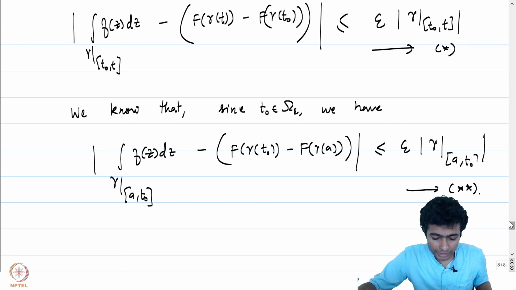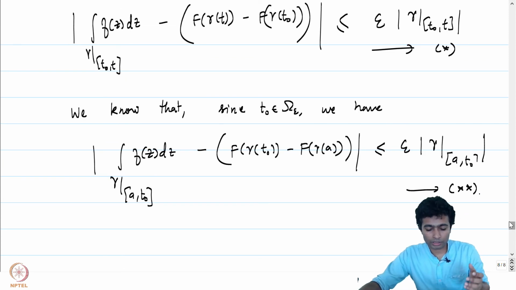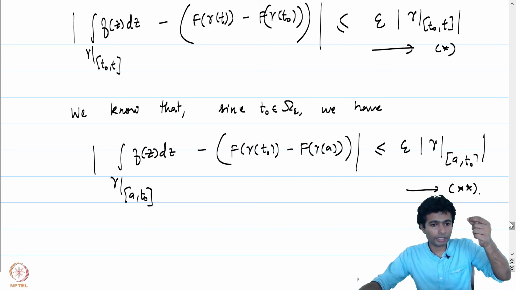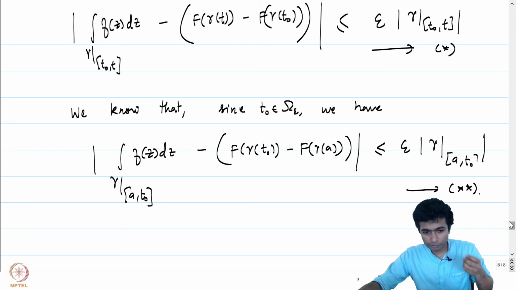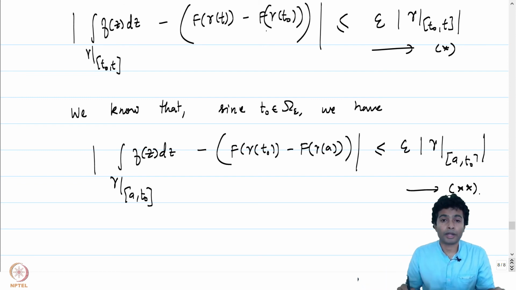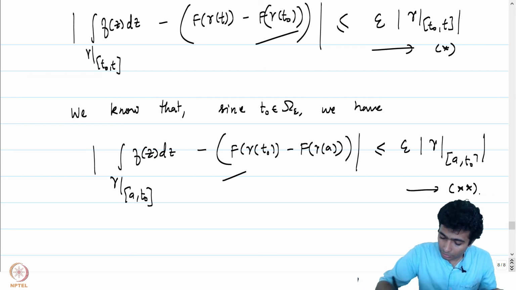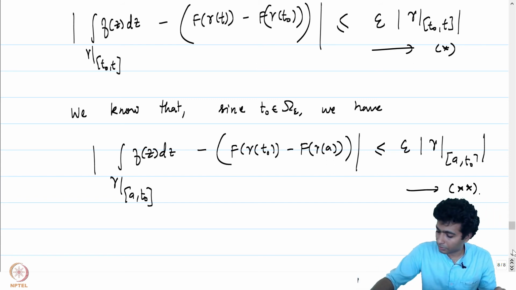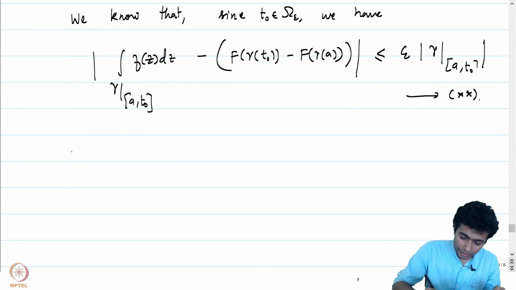So notice that the integral of f of z dz over gamma restricted to a comma T is equal to the integral over gamma restricted to a comma T naught plus gamma restricted to T naught comma T, the concatenation of these two curves. And also by introducing this term, we can finally conclude by using the triangle inequality.